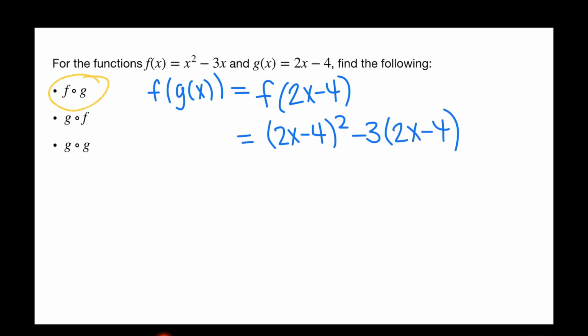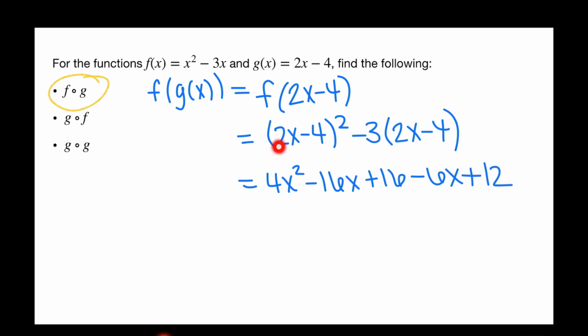We can simplify this expression. We can multiply out the (2x minus 4) squared. We can use FOIL or recognize the pattern that says when you square a binomial, you get first term squared. So 2 squared is 4, so we get 4x squared. And then 2x times minus 4 is minus 8x, and you double it, so the middle term is minus 16x.